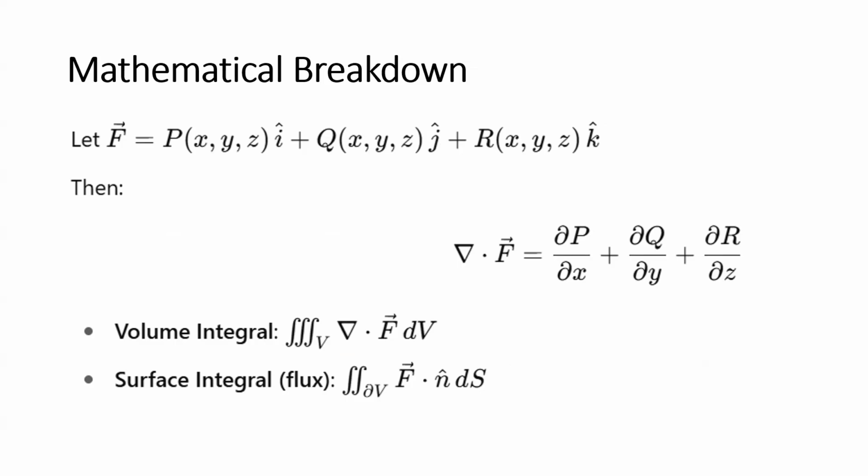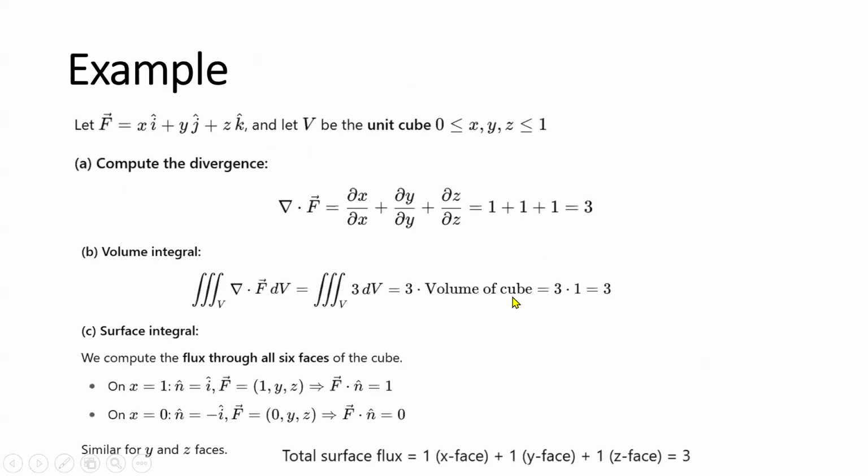If we compute del dot F, it is the dot product, so it will be del P by del X plus del Q by del Y plus del R by del Z. Similarly, we can compute the volume integral and the surface integral for flux as well.